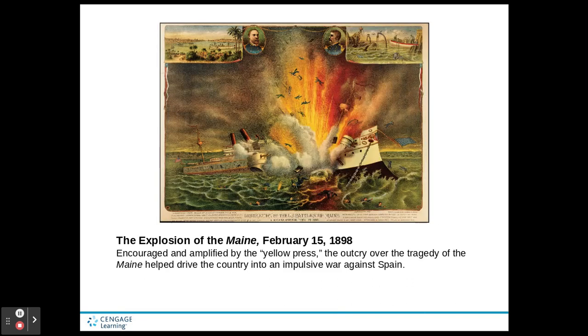So in February of 1898, a U.S. warship that is docked in Cuba explodes, and the press, with sensationalist, clickbait-style yellow journalism or yellow press, pitches this as a plot by the Spanish government to destroy this boat, and America and American people clamor for war, even though there is no evidence that Spain has blown up this boat.